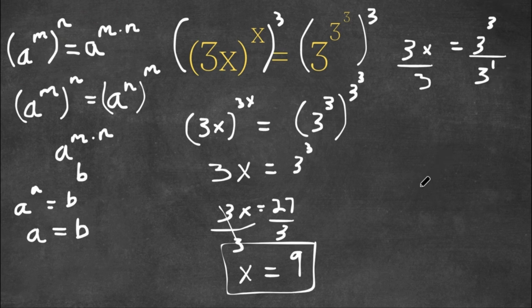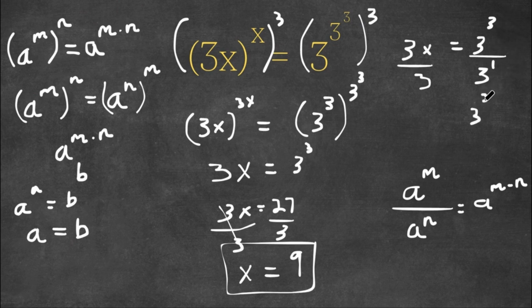If we have something in the form a^m over a^n, this is equal to a^(m minus n). So 3^3 over 3^1 is equal to 3^(3 minus 1), which is simply 3 squared. And for our left-hand side, these cancel out, and we get x = 3 squared, and 3 squared is 9. So we get x = 9. So that's our second way.